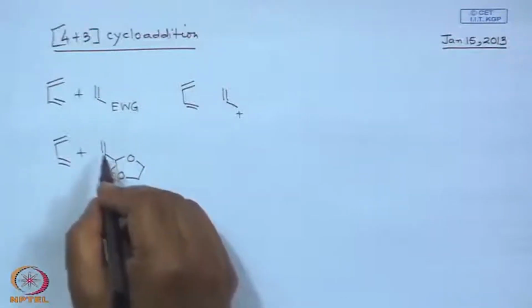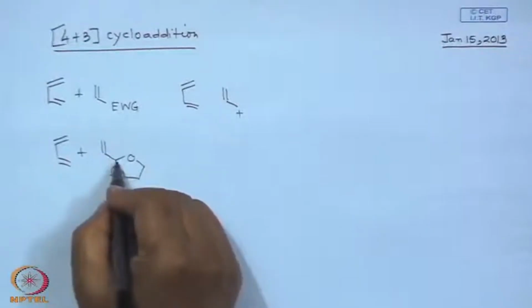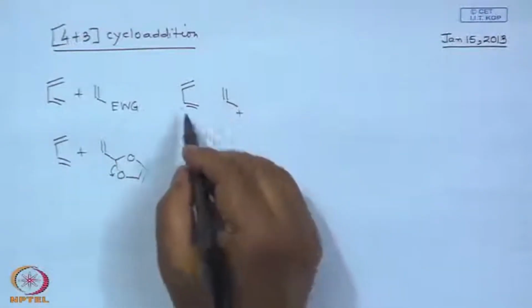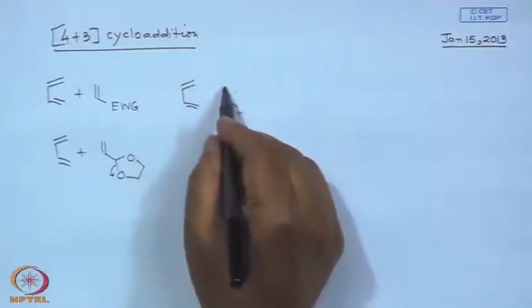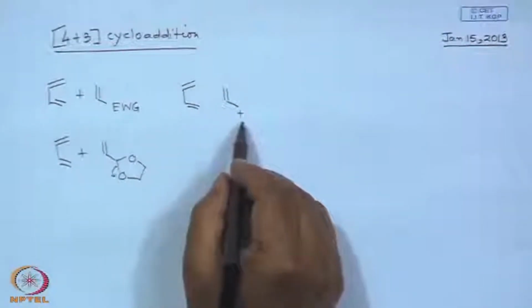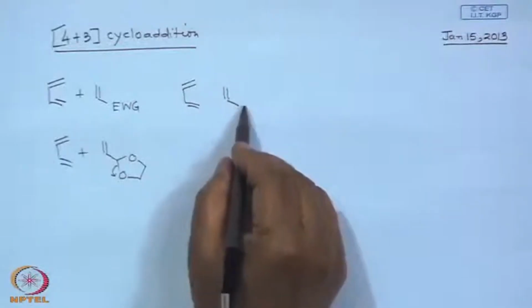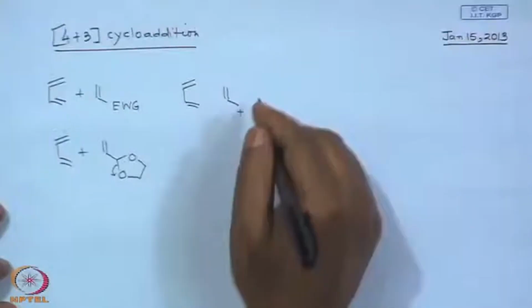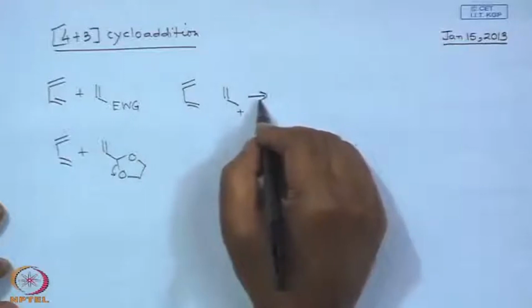So, essentially it is a double bond and a carbocation. Very similar to that, if you think about a reacting component where you have an olefin and a double bond, that means this carbocation is serving the purpose of an electron withdrawing group. So, the reaction should have undergone a Diels-Alder kind of reaction, but instead the result is a little different.